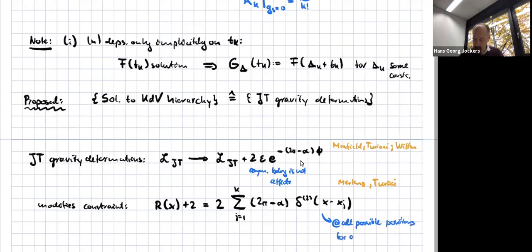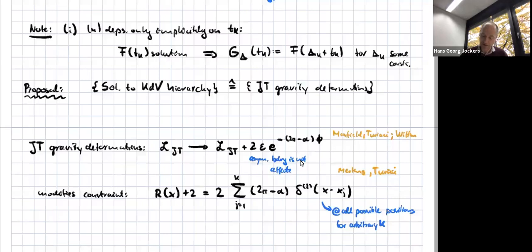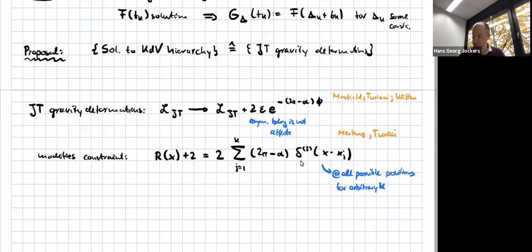For arbitrary k. Okay. So it turns out, for a technical reason, but it might also be a conceptual reason, that we want to limit this alpha to a particular range. And what is this alpha?